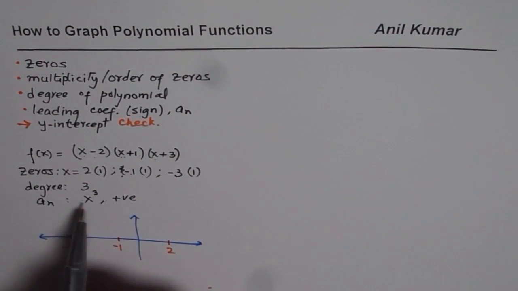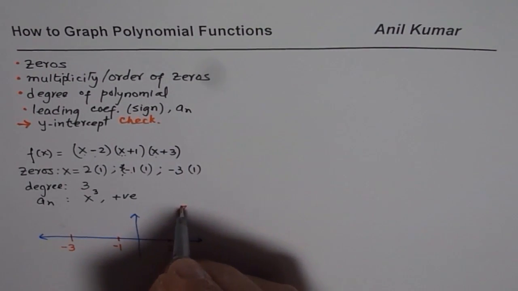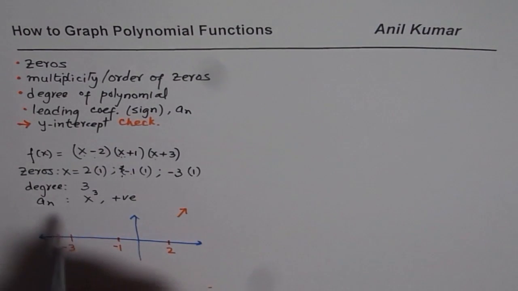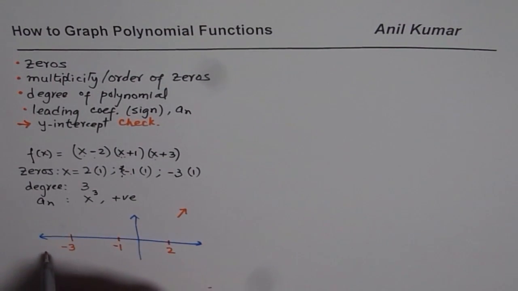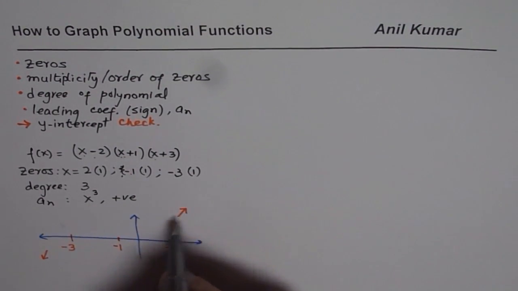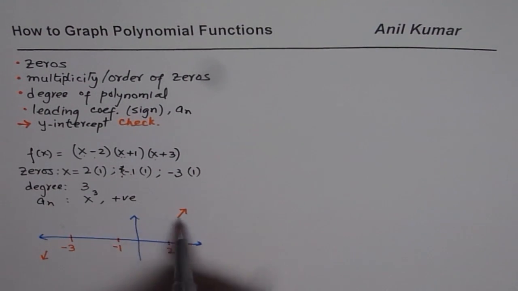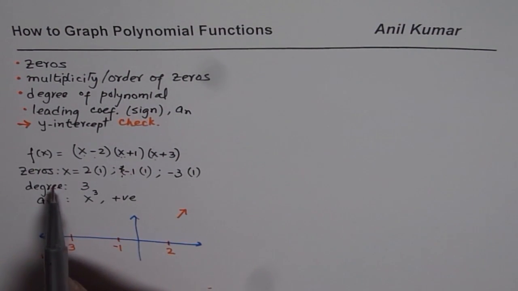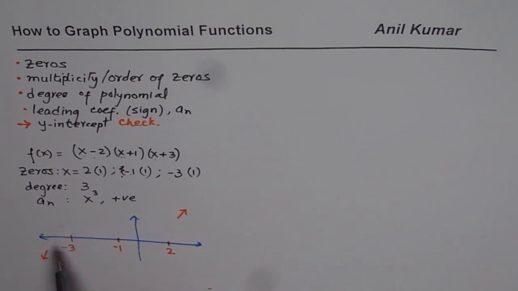Now since the leading coefficient is positive, that means right side up, and since the degree is odd, that means opposite ends, right? So that is the end behavior which we get from the degree and the leading coefficient. Now we have to start from one end, reach the other, crossing from quadrant 3 to 1.